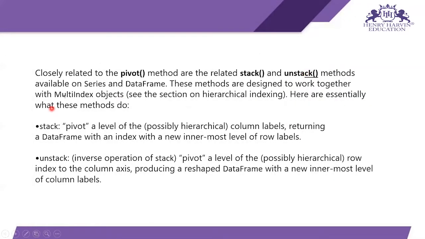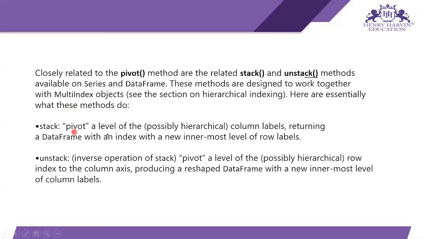Closely related to the pivot function are the stack and unstack methods available on Series and DataFrame. These methods are designed to work together with multi-index objects. See the section on hierarchical indexing. Here is essentially what these methods do.